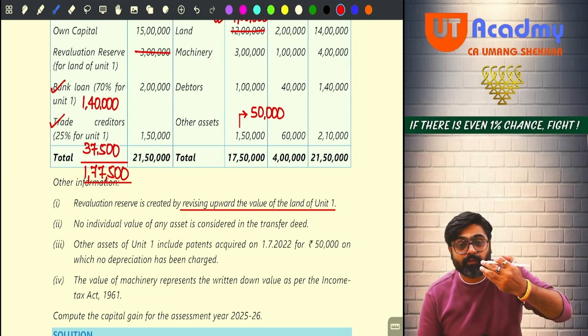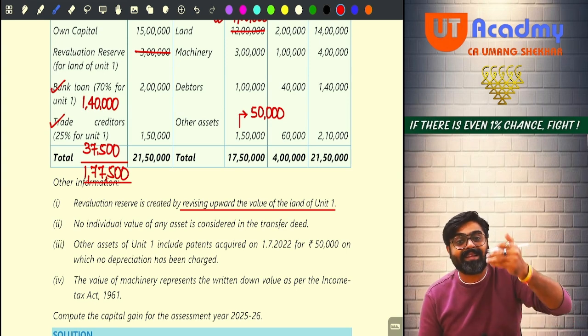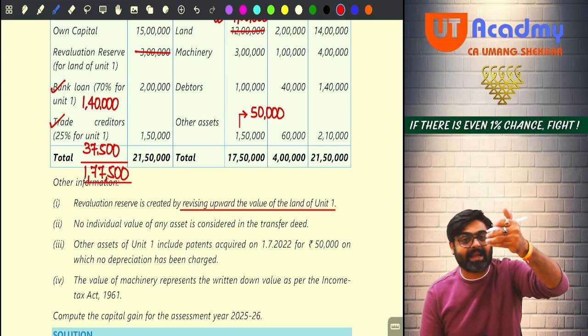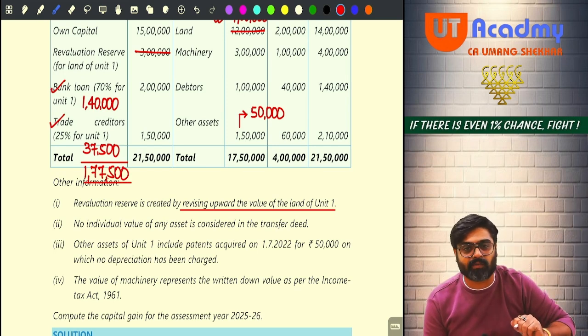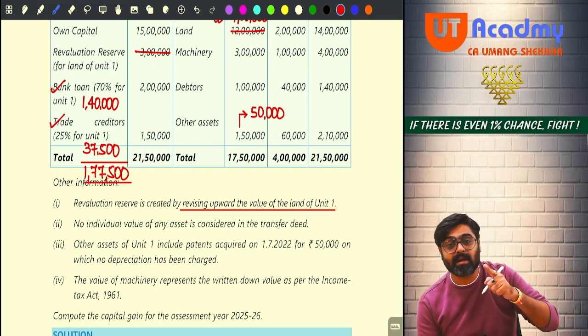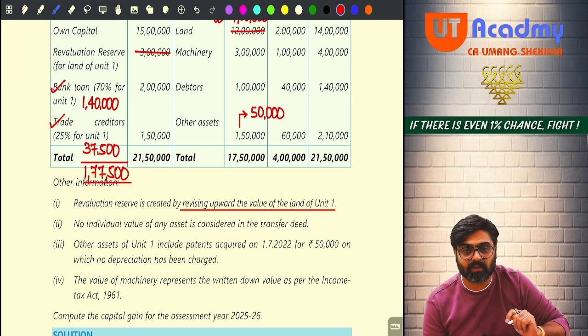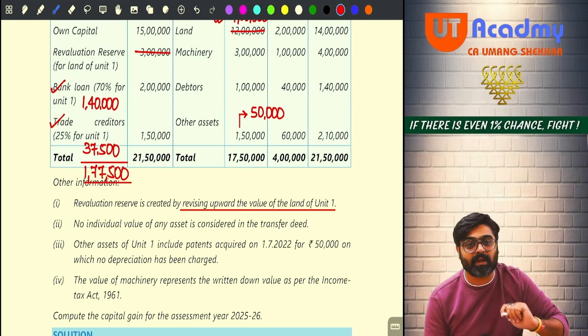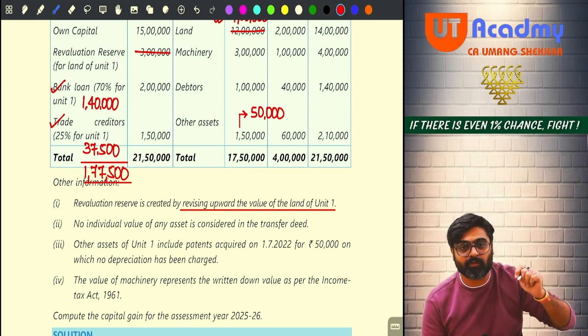So that 50,000 book value, that 50,000 cost of this patent, cannot be taken for calculation of net worth. For every depreciable asset, I will have to take the WDV for income tax purpose. And its WDV for income tax purpose is not 50,000.